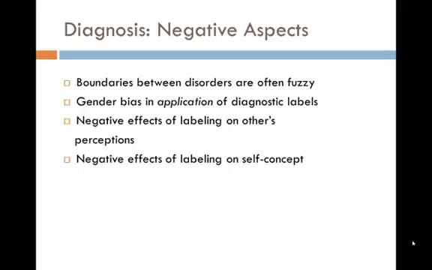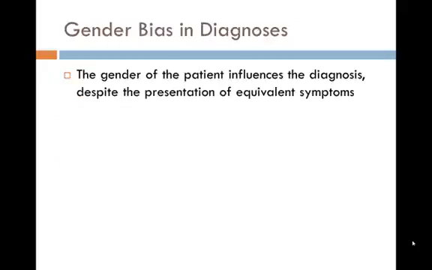So as it relates to gender biases in diagnosis, we know that the gender of the patient may have an influence on the diagnosis despite the presentation of equivalent symptoms in others. So we know that with females particularly, they're far more likely to be identified with depressed symptoms.